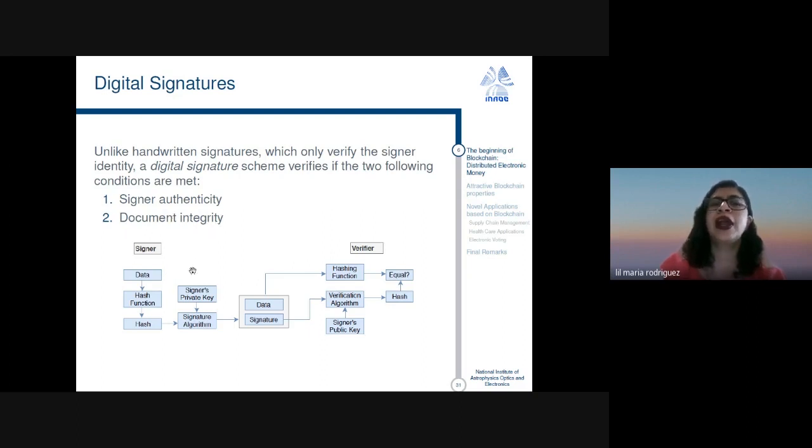So how does it work? Well, we have the signer and we have the verifier. The signer takes the original data and processes it by using a hash function, and we get a digest, that is the hash result. And then we have to sign by using a signature algorithm, and the signer needs to use the private key.